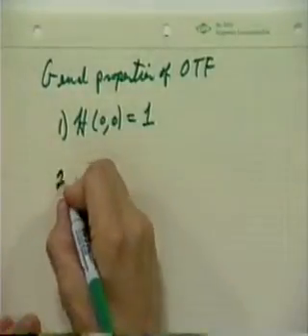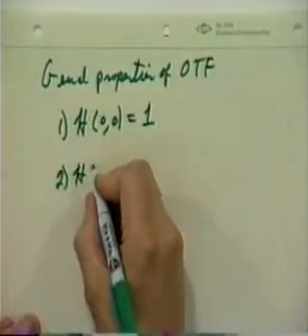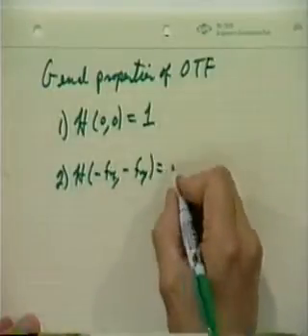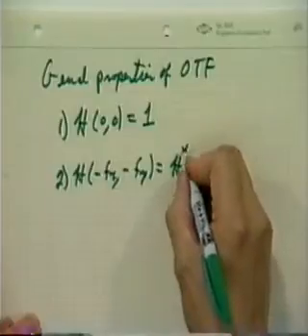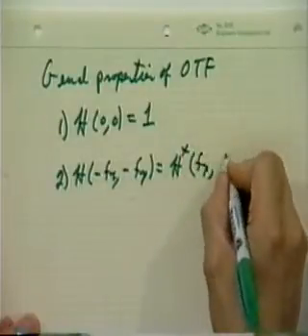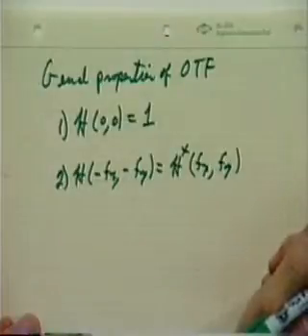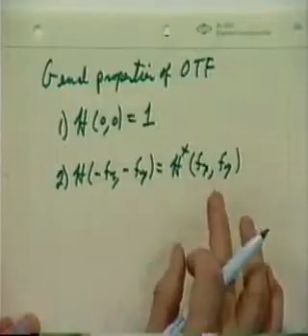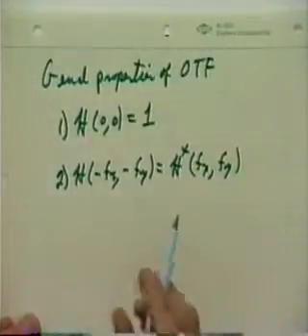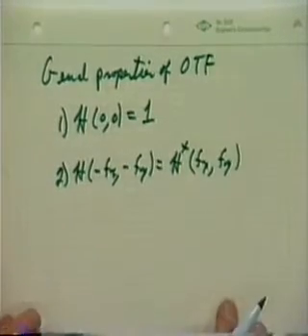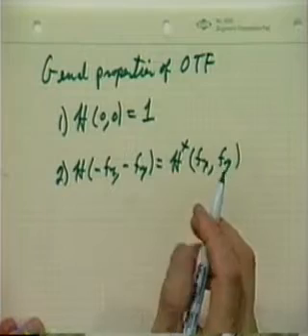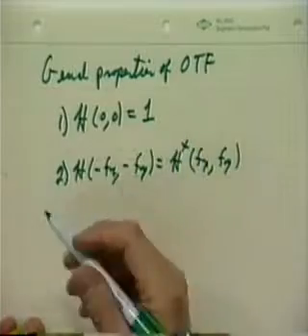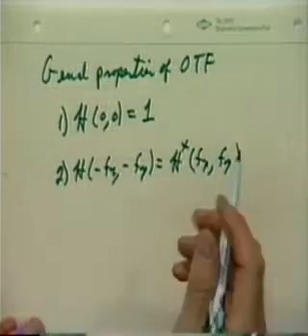It's normalized to 1 at 0 spatial frequency. The second one here is kind of an interesting one. H of minus f sub x, minus f sub y is equal to the complex conjugate of H of f sub x, f sub y. So this is what we're saying, that the OTF is Hermitian. And how do we know it's Hermitian other than the fact we read this someplace? Well, those of you who took Gaskell's course, in between the jokes, did you learn why something is Hermitian?